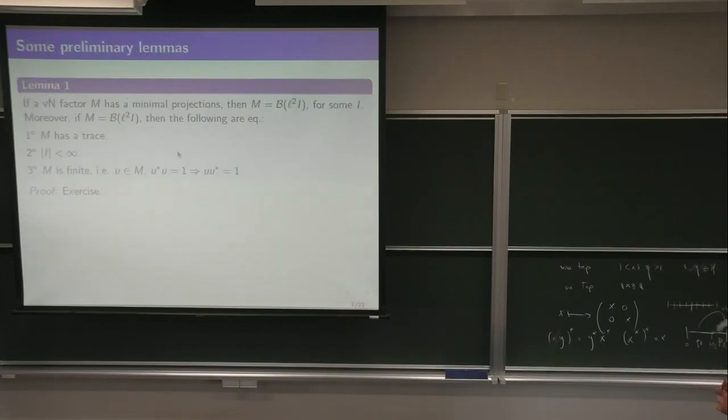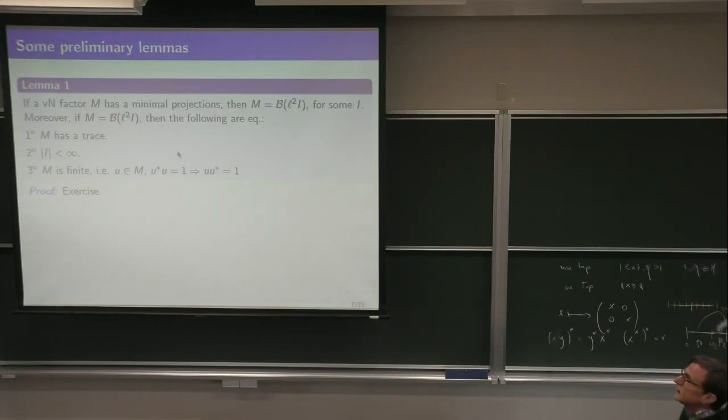By the way, we have to exclude right away one case. So let's do that. Notice that if a von Neumann factor M has a minimal projection, then M is necessarily of this form: the algebra of all bounded operators on some Hilbert space.